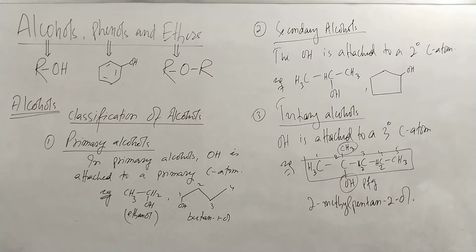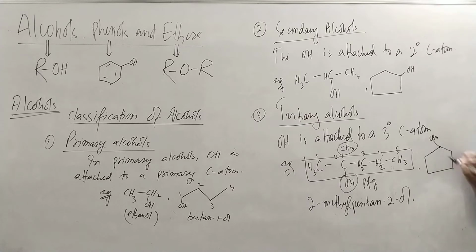Okay, and in cyclic chain also we can make tertiary alcohol like this. Suppose this is cyclopentane, right? So I need to make one of the carbon atoms as the tertiary. So I must attach a carbon here.